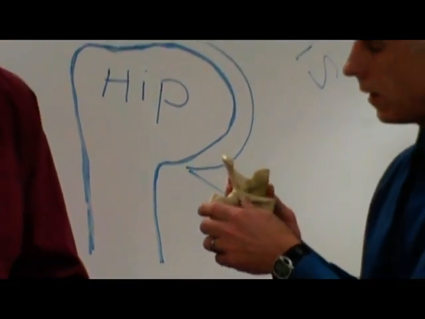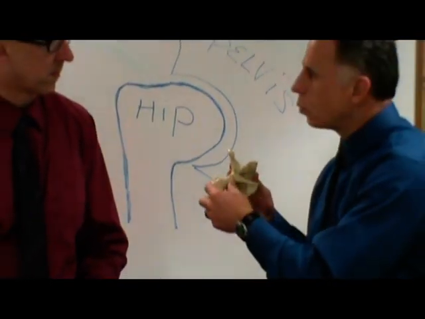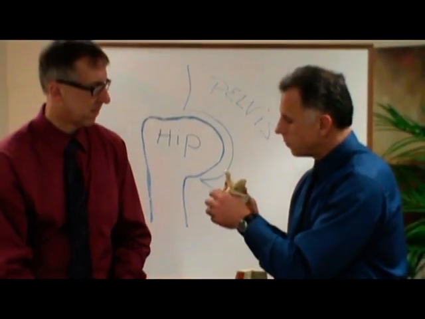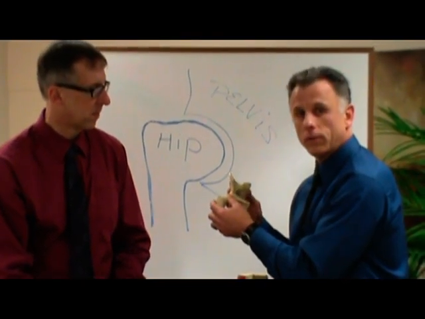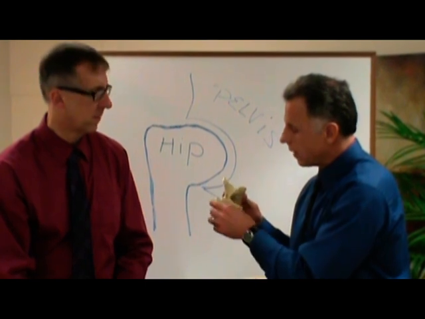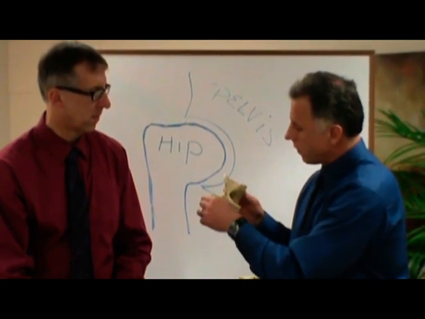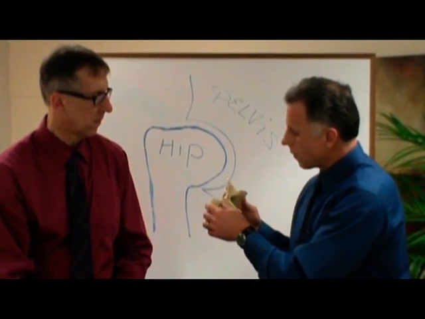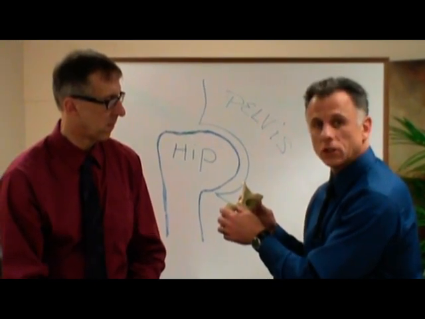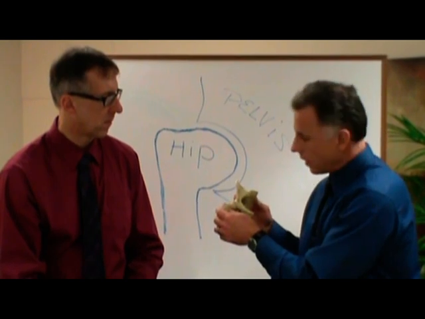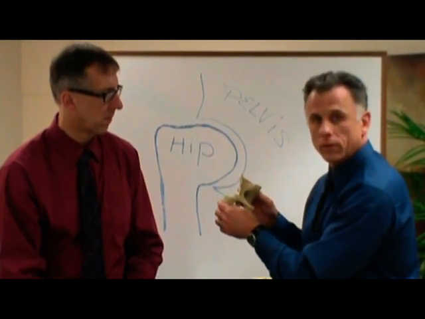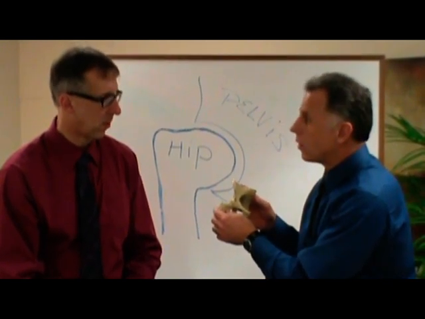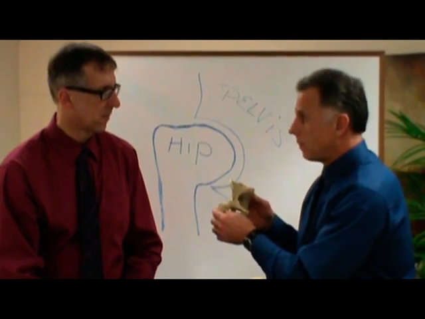The cartilage is very smooth and pristine. It's white, and it's amazing how smooth it is. Plus you have synovial fluid, a lubricant that makes it even more slippery and keeps it healthy. Over time, for whatever reason, the cartilage starts to wear, and you no longer have cartilage on cartilage with synovial fluid. You get down to bone on bone, and then you start getting pain.